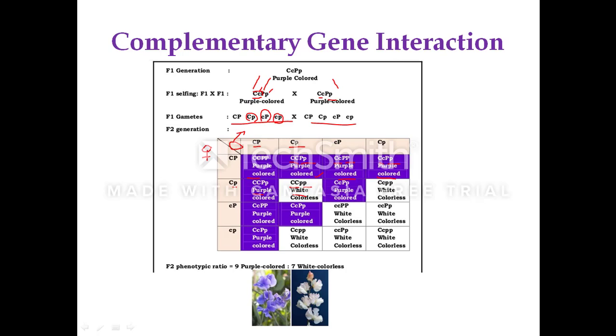Capital C, small p gamete, when it fuses with small c and capital P, the flower color was purple because it is heterozygous dominant for C and P. When capital C, small p fuses with small c and small p, the flower color was white because it is heterozygous dominant for C and homozygous recessive for P.